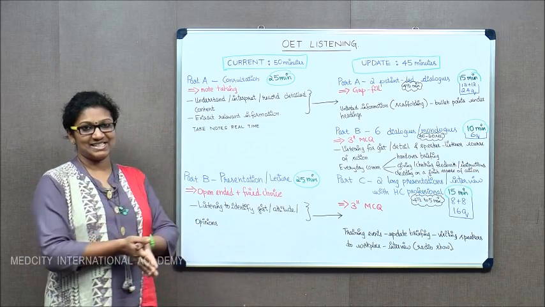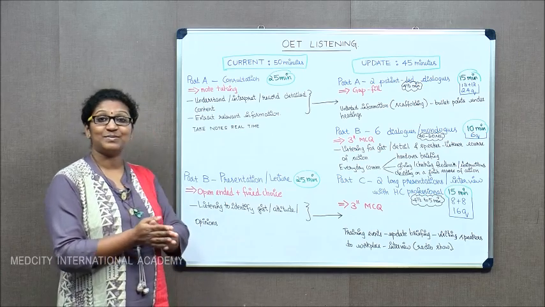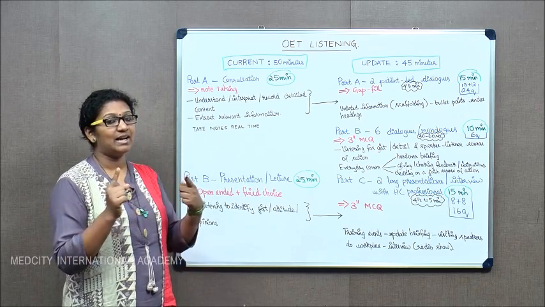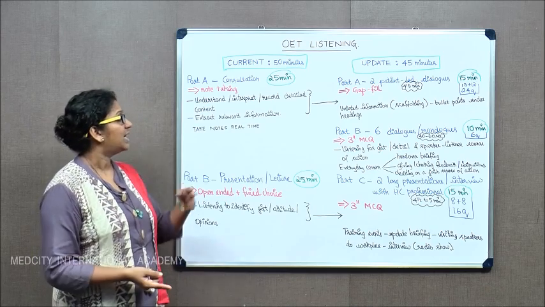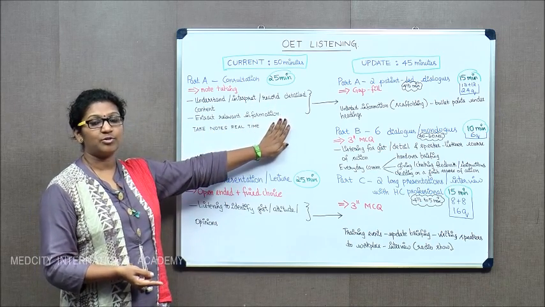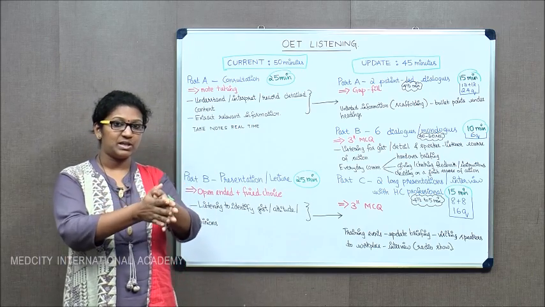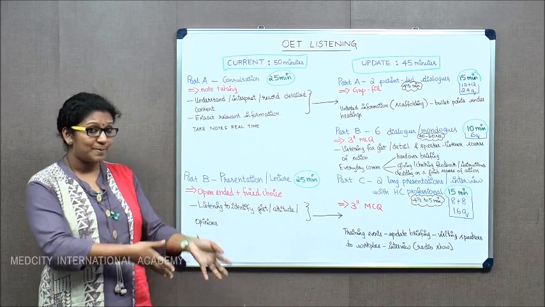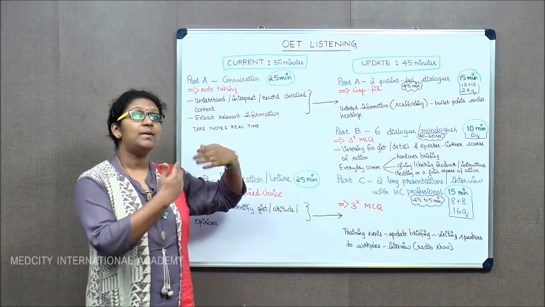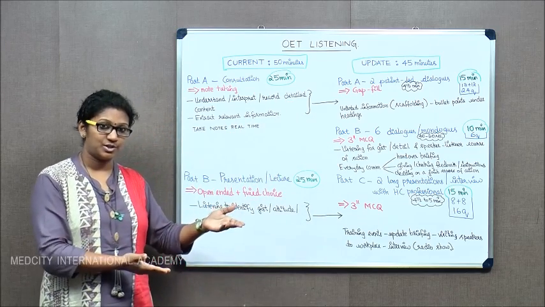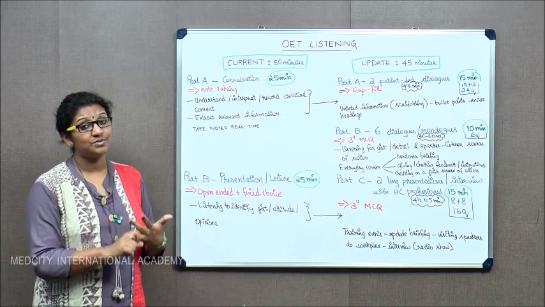So the new version from September will see a lot of variations in question types. You'll also listen to a lot of different speakers. Here, because you have a single audio clip for 25 minutes and another for 25 minutes, you have a limited number of speakers participating in the audio. But in the updated version, you have many more short audio clips that you're going to listen to. So you'll be listening to lots of different voices, lots of different accents.